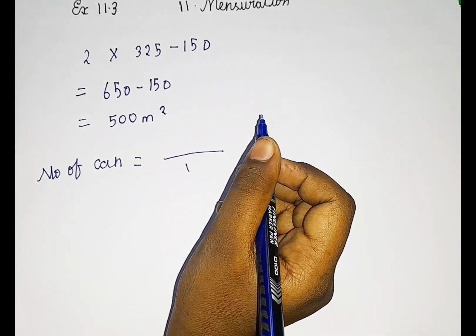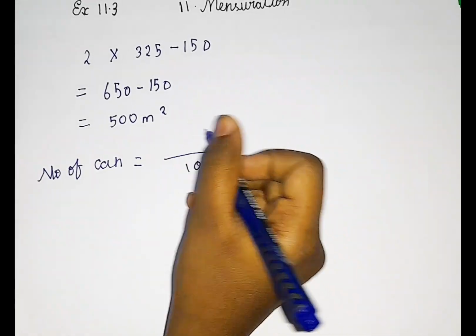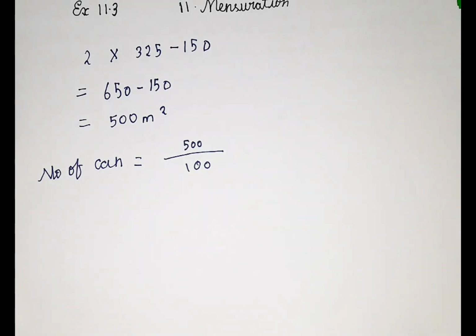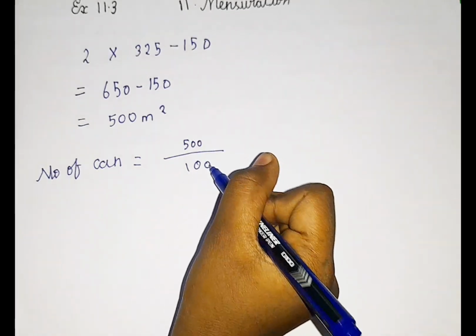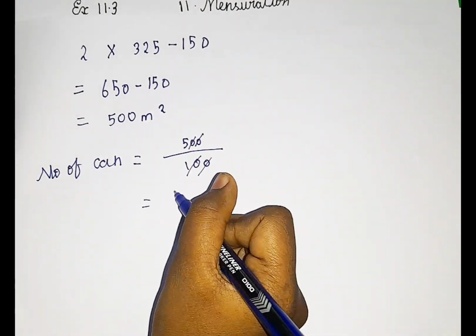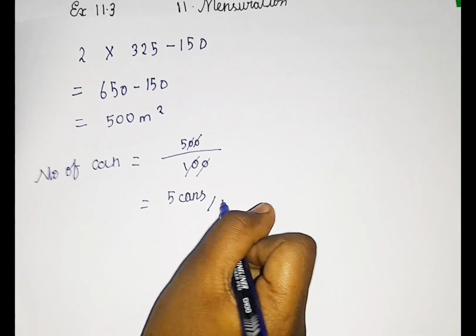So for 100 meters square one can is needed. So for 500 meters square how many? By using our knowledge itself we can find the answer is 5. But we have to show them, right? That's why I am dividing it. So cancel, cancel, cancel, cancel, which is equal to 5 cans. So this is the answer.